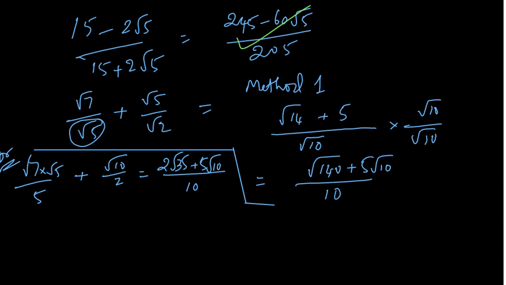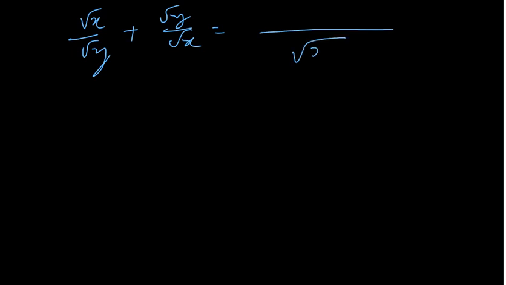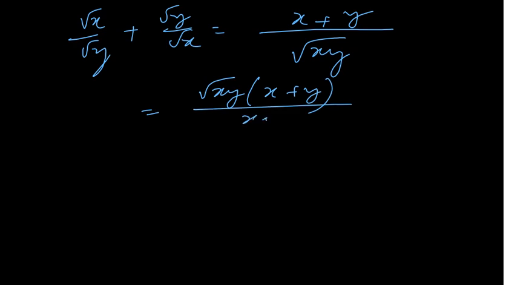So these are some questions they keep giving. Let's say you have root x divided by root y plus root y divided by root x. So root xy in the denominator, then you have x plus y. Only the denominator is a problem, so you will just multiply with root xy, so you will have this divided by xy.